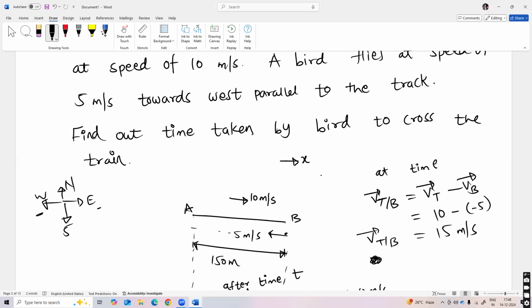So here we can write the distance 150 is equal to 15 into time, so time is again equal to 10 seconds. So in both ways we can find the time taken by the bird to cross the train, and both are true, right? Whether it is the time taken by the bird to cross the train, or the time taken by the train to cross the bird.